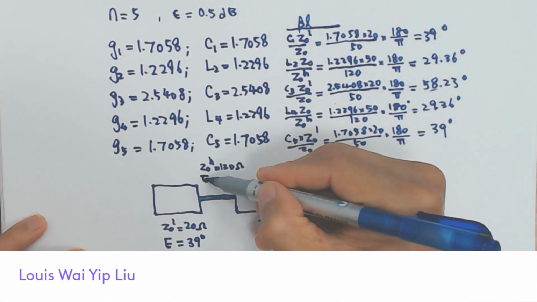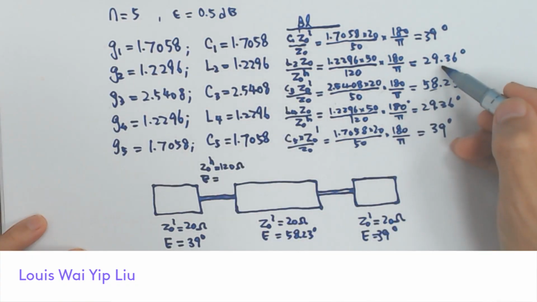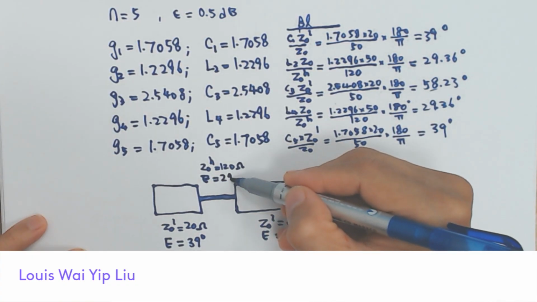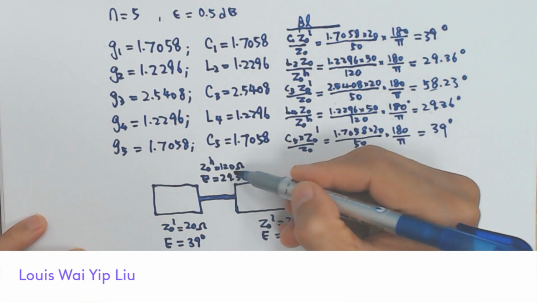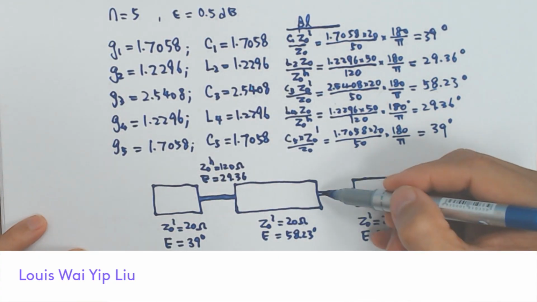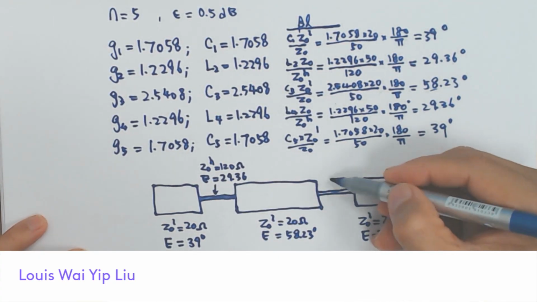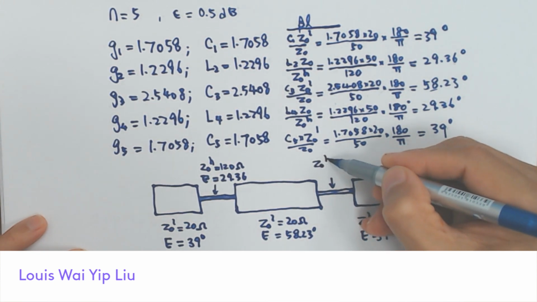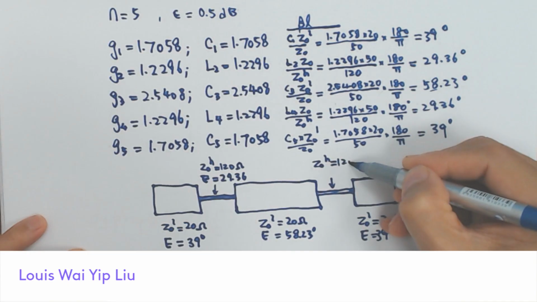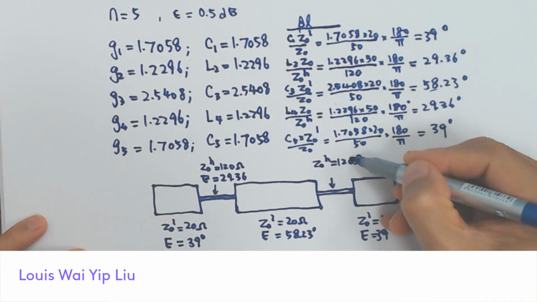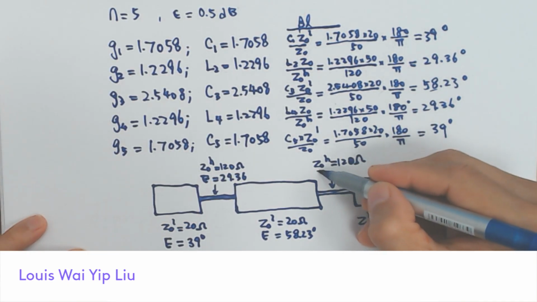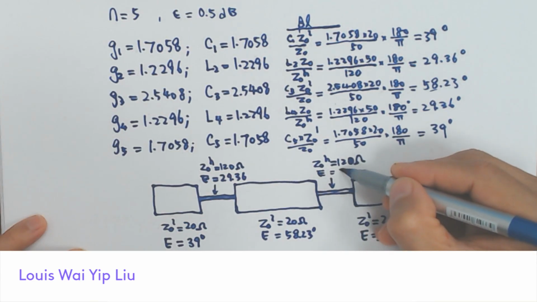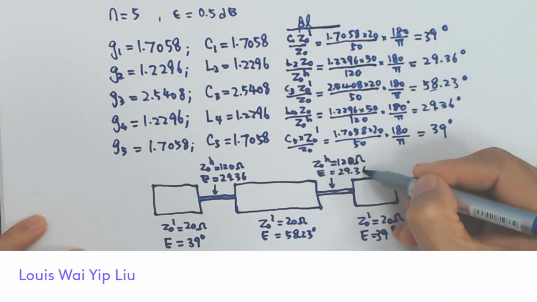The electrical wavelength is 29.36. This one is the same, and the electrical length is equal to 29.36.